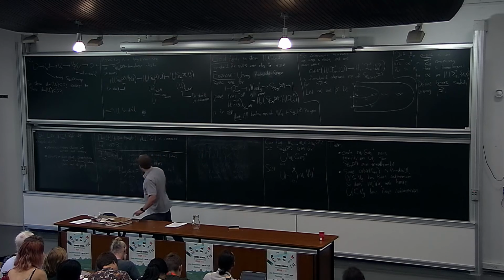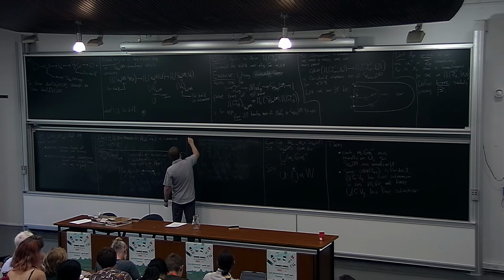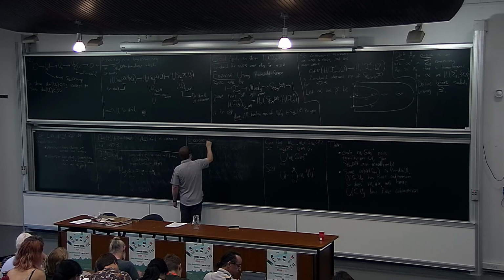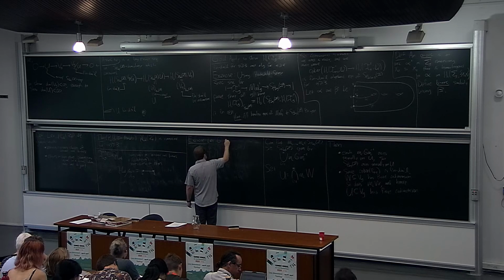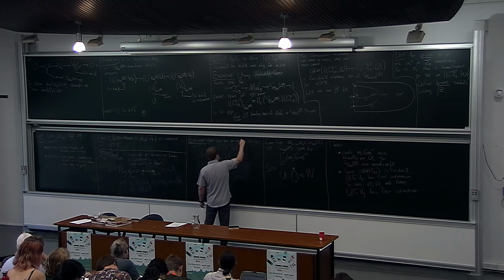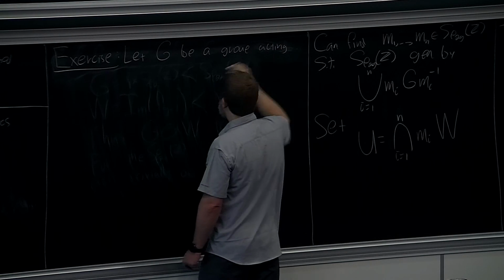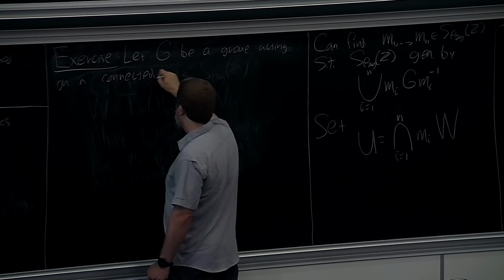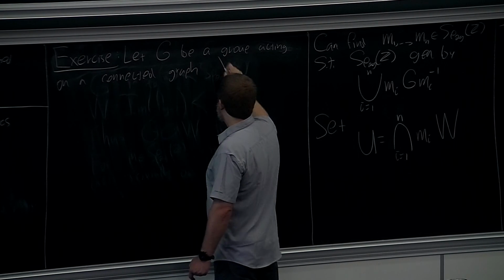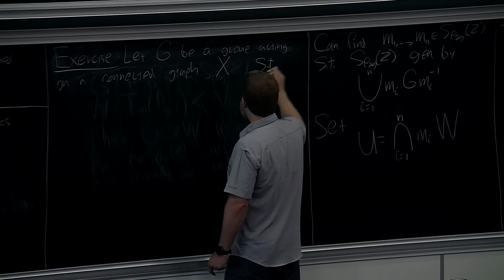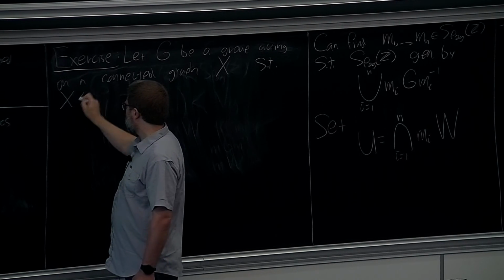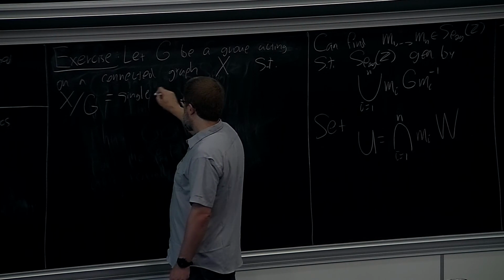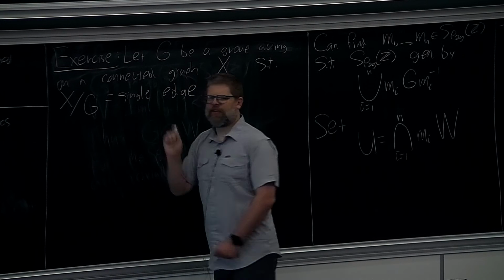So let G be a group acting on a connected graph X such that X mod G is equal to a single edge. Just like in our situation right there, right?